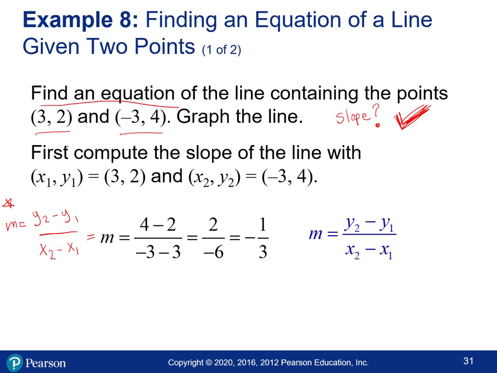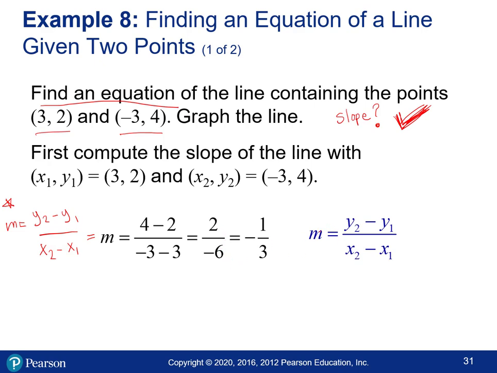And then our first point we can go ahead and say is 3, 2, and our second point is negative 3, 4. And we just plug those into our formula. So 4 minus 2 on top, negative 3 minus 3 on bottom. 2 over negative 6 simplifies as negative 1/3. Okay, just divide the top and bottom by 2.